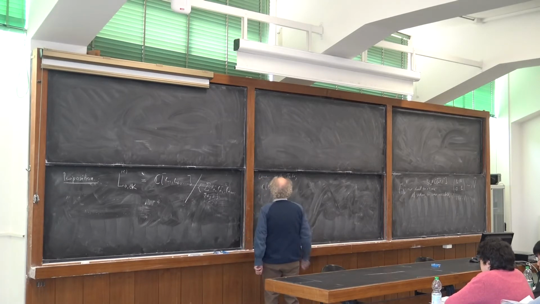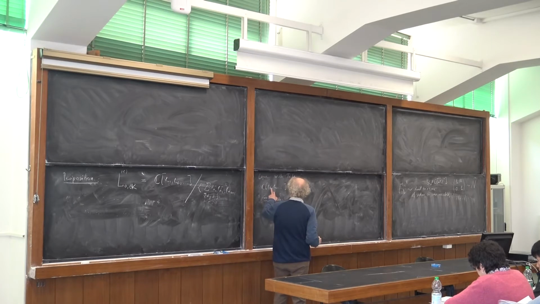this algebra itself has two gradings. One grading is according to these numbers. Let me call the first grading Q grading.